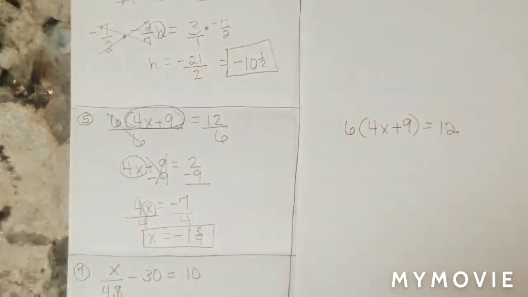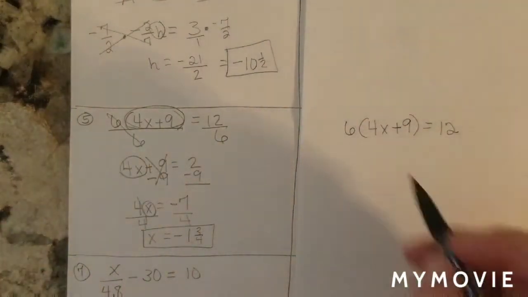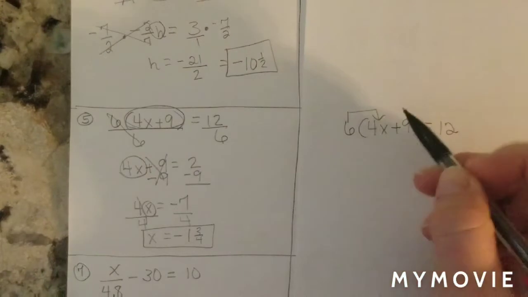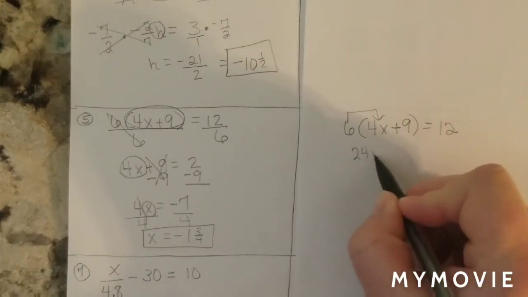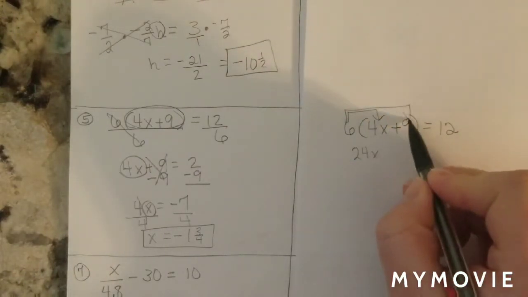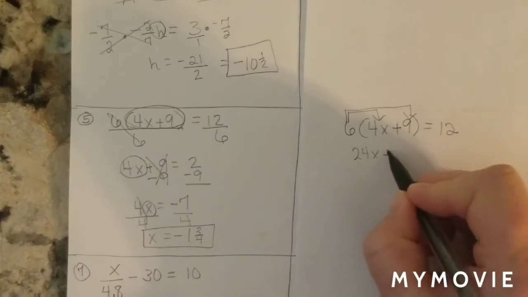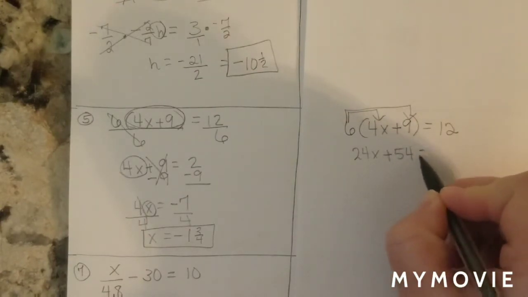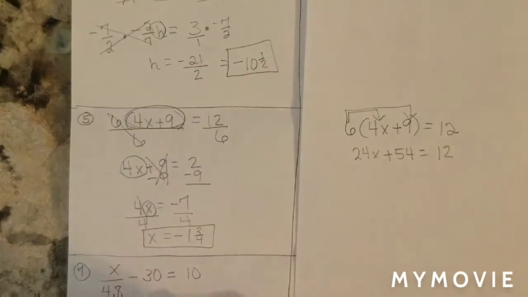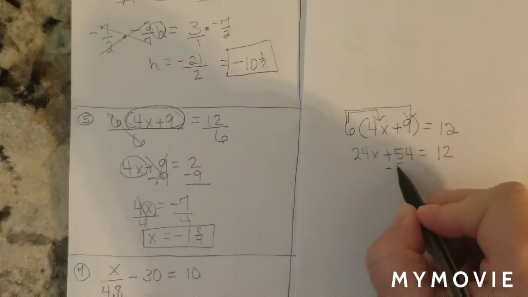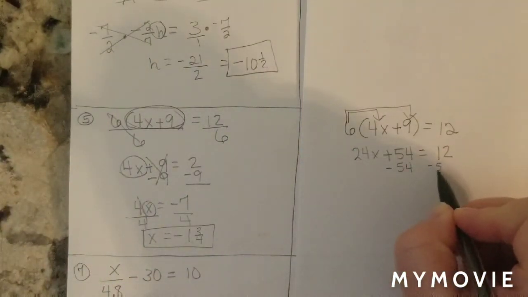I could do it that way, or I could do this. 6 times 4x is 24x. 6 times 9 is plus 54. And just bring down my equals 12. And then I could subtract 54 from both sides.